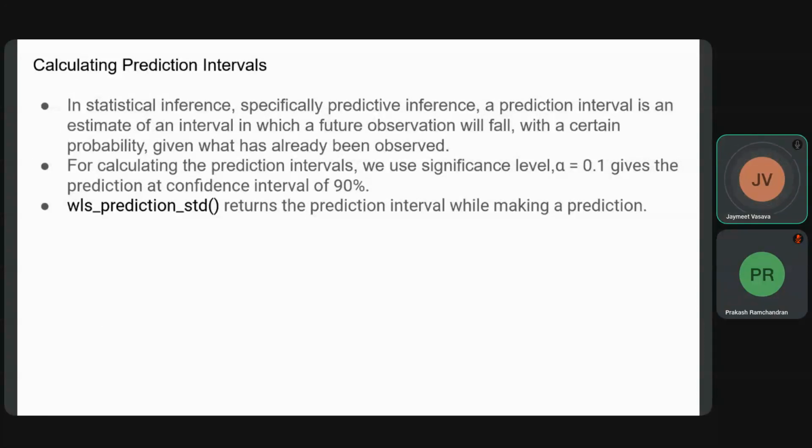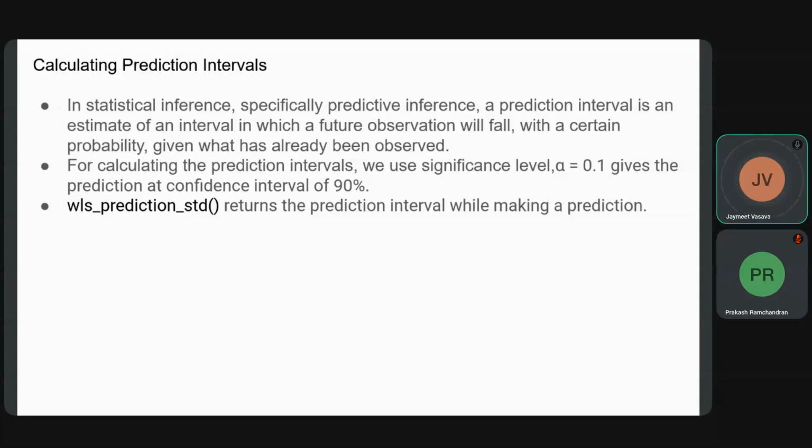So in statistical inference, we calculate the prediction intervals. Specifically, in predictive inference, a prediction interval is an estimate of the interval in which future observations will fall with a certain probability, given what has already been observed.